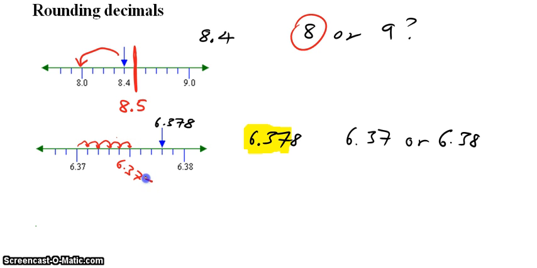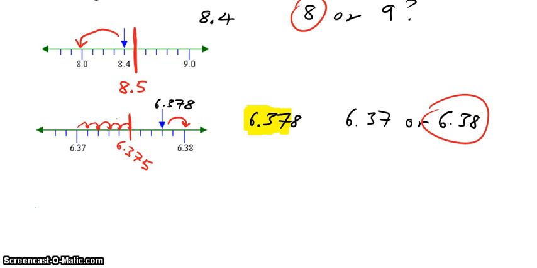So I've done 5 steps, and again that middle number has got the 5 in it. So here, there's the halfway line again. Is 6.378 close to 6.37 or is it close to 6.38? Well, clearly the nearest one is 6.38.